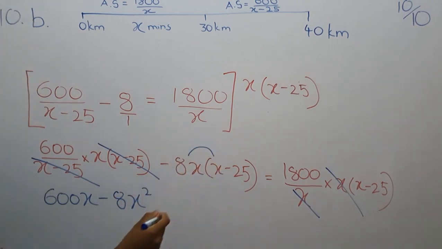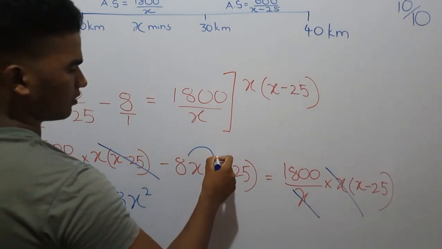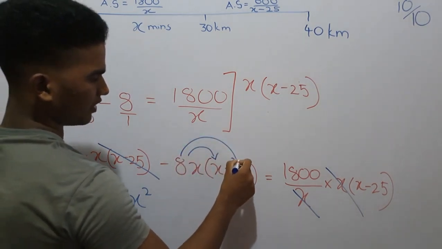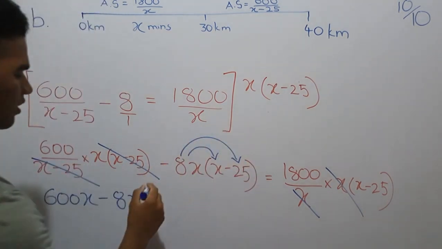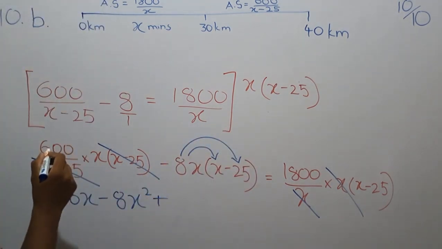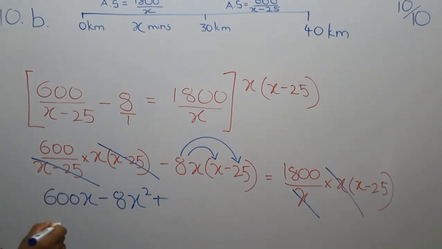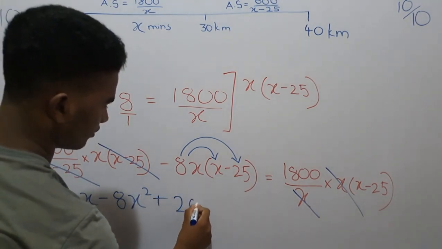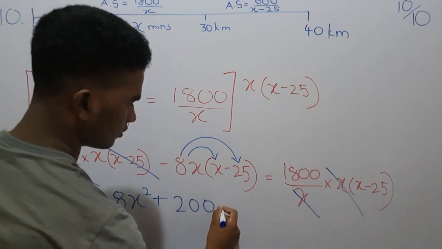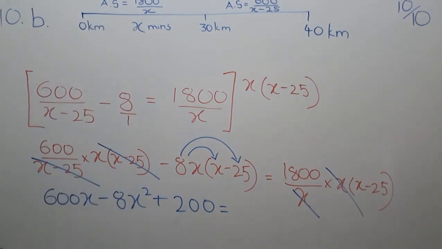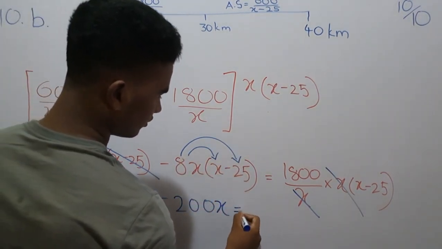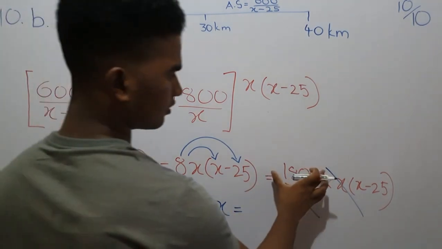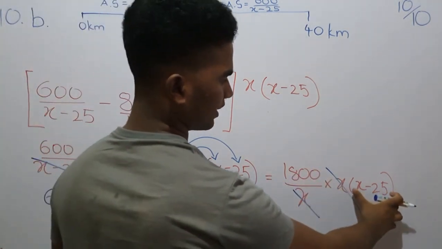Then minus 8 into minus 25, you can use the calculator, is plus 200. Plus 200x, equals 1800 into x minus 25.